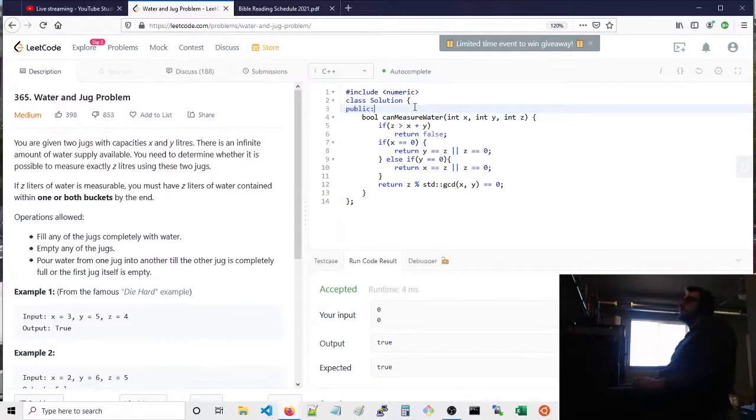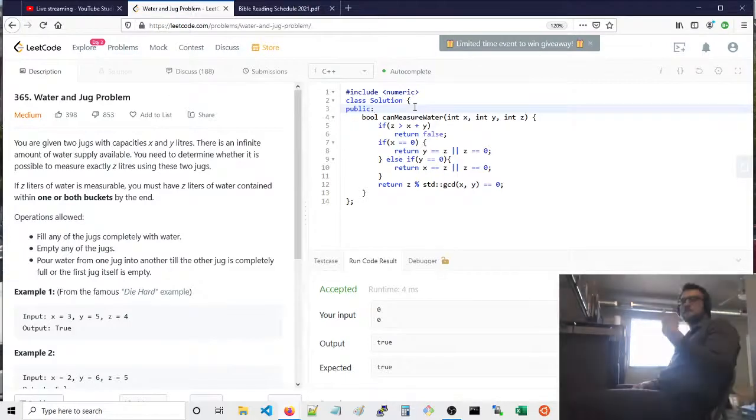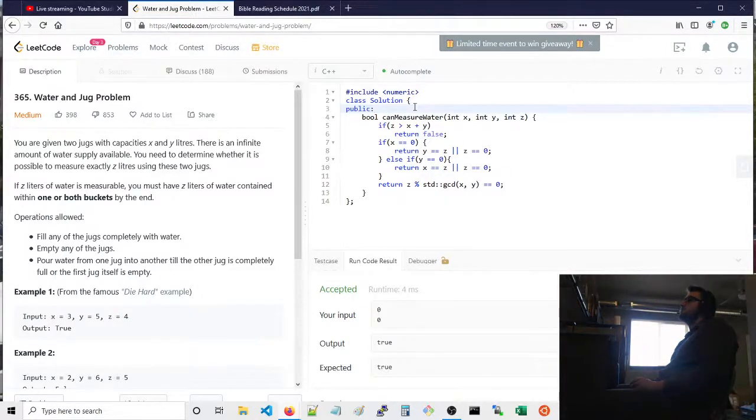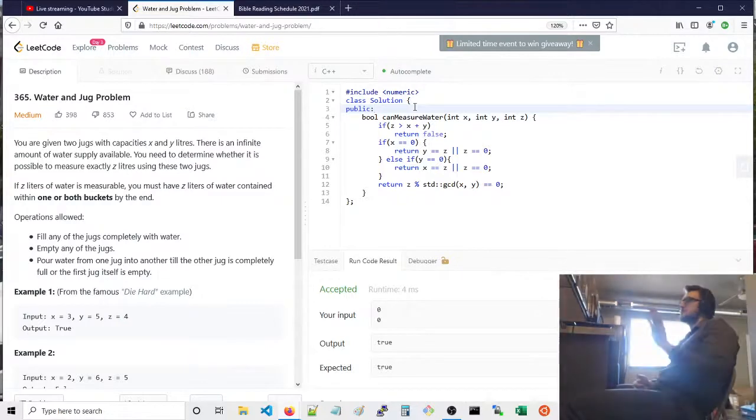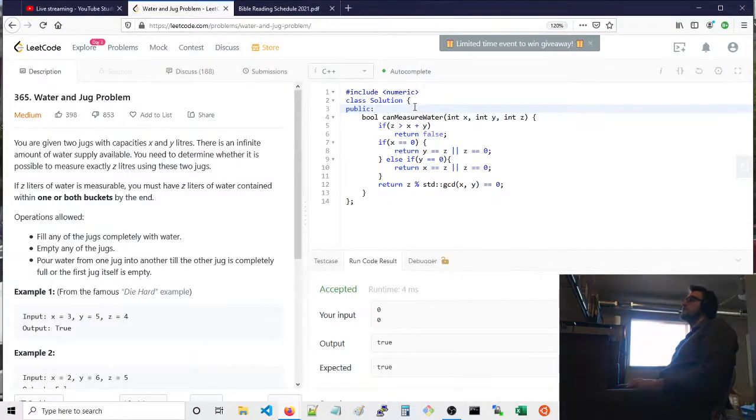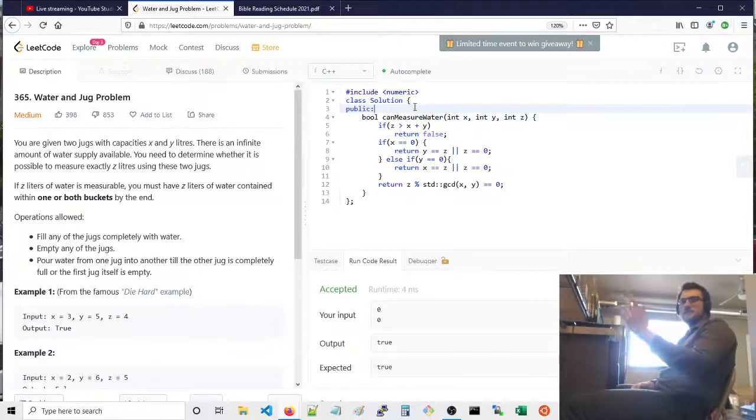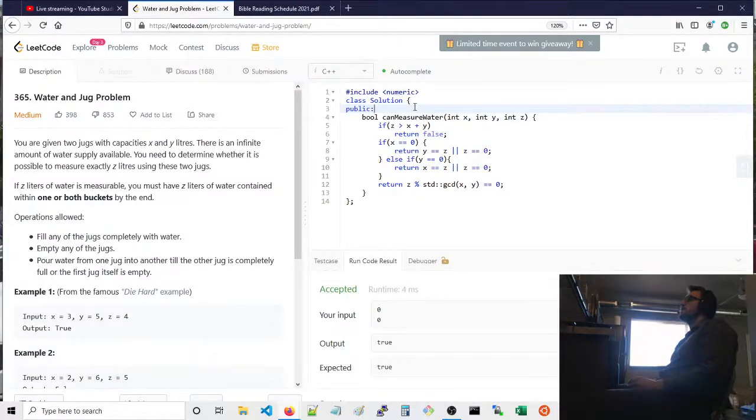And if x and y are coprime, then you can just keep cycling through all of the values of x. And obviously if you can go through all the values of x, then you can add y to any of those numbers to get all the numbers between x plus y and x, all the numbers in between.